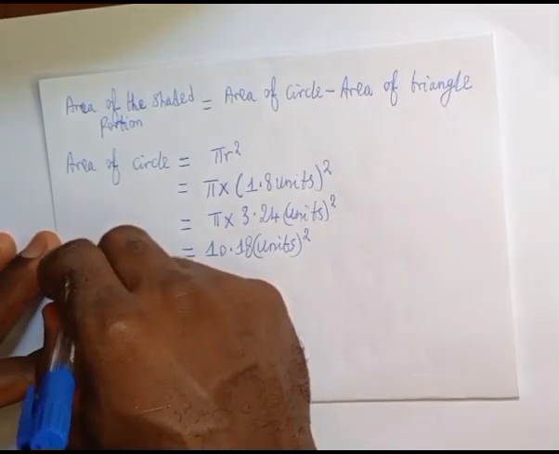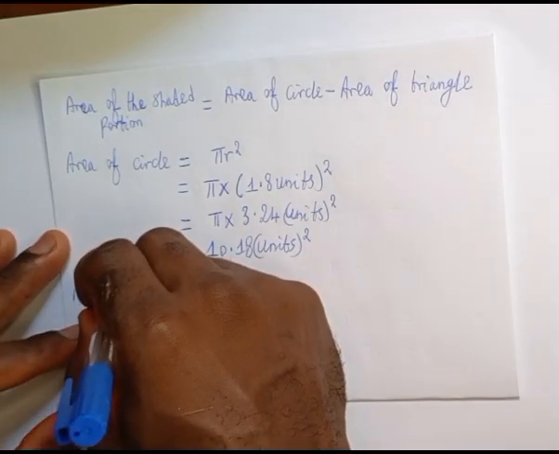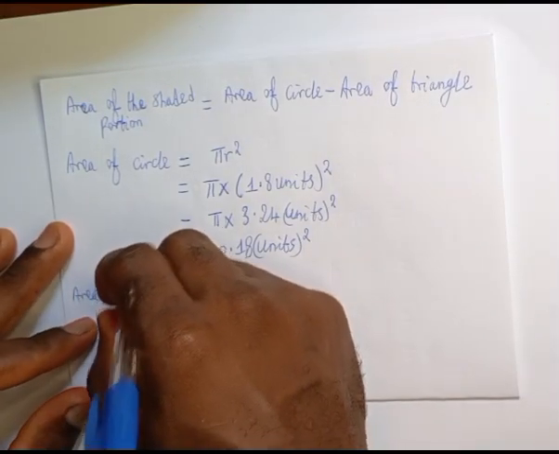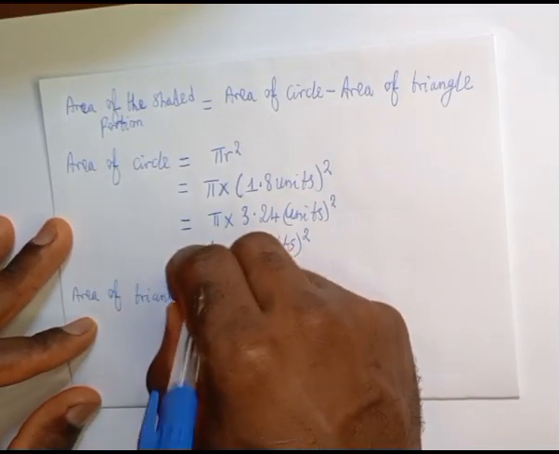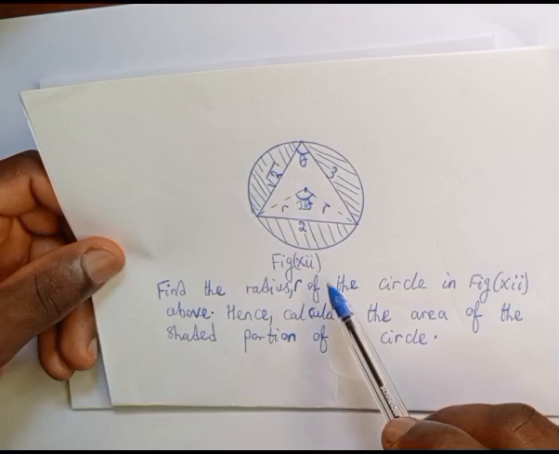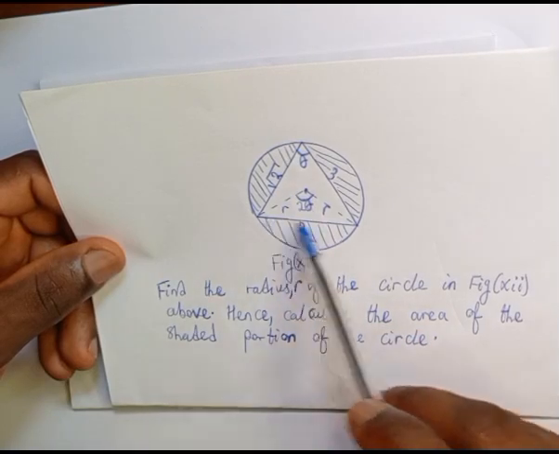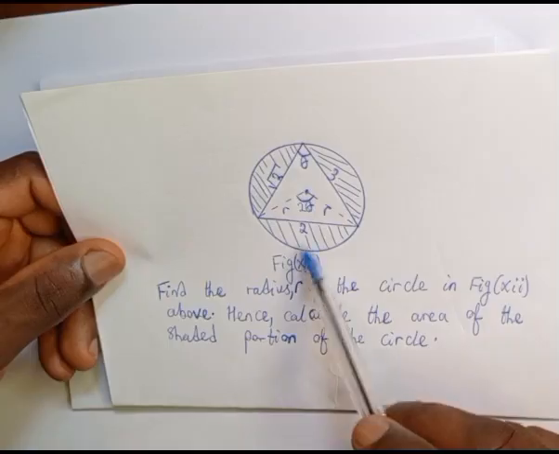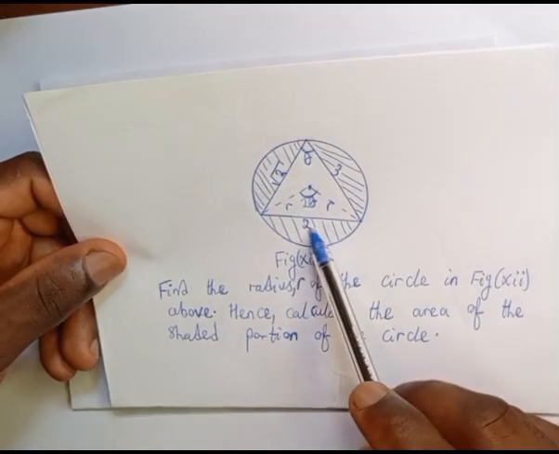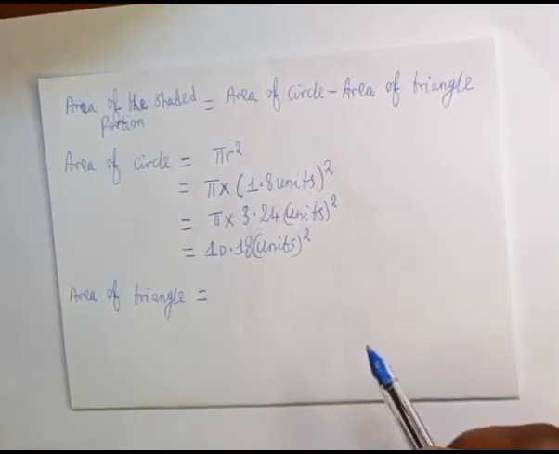Next, we have to find the area of the triangle. We are going to make use of Heron's formula to calculate the area of this triangle since the three sides of the triangle have been given: root 2, 2, and 3.